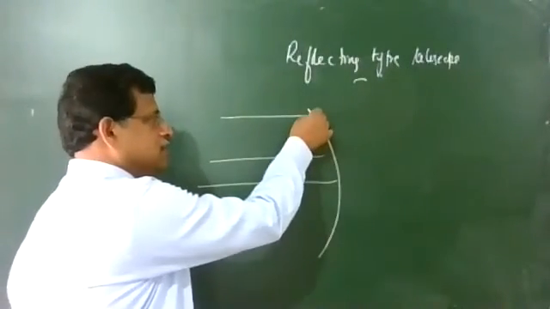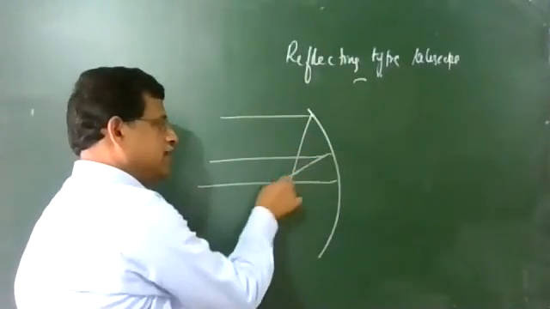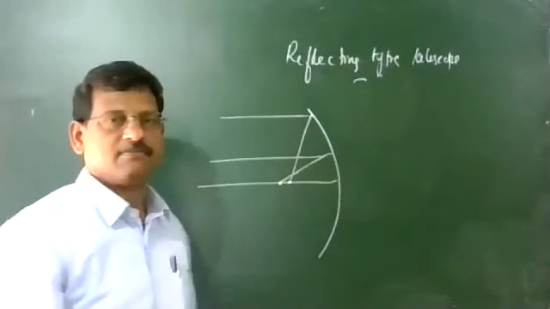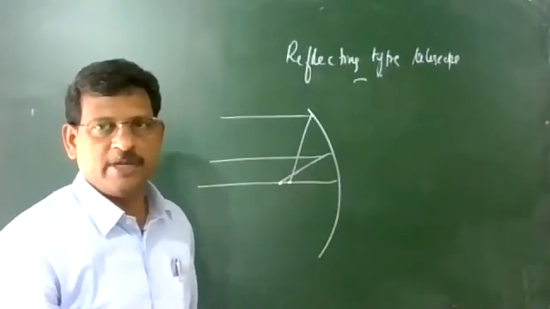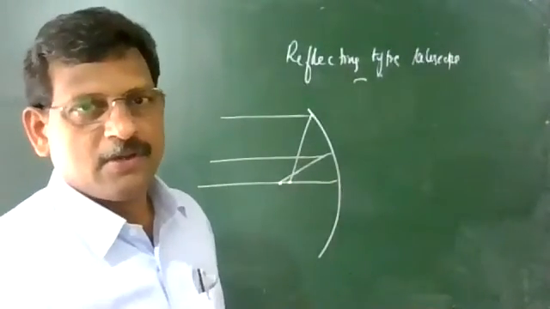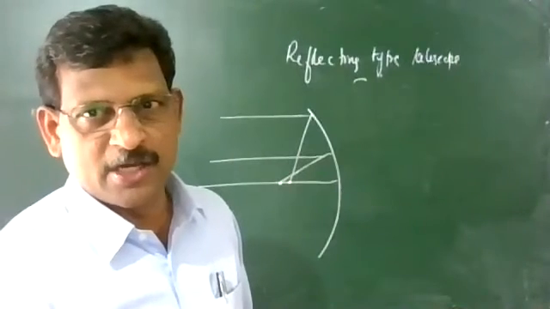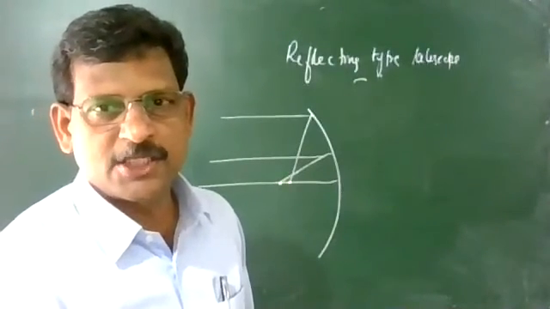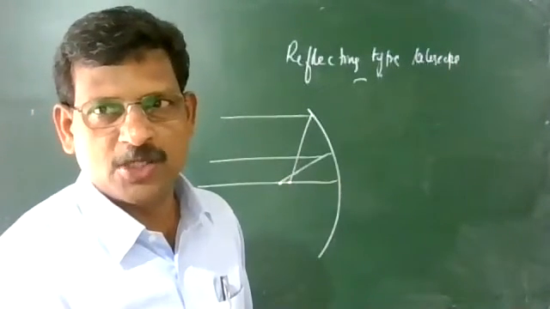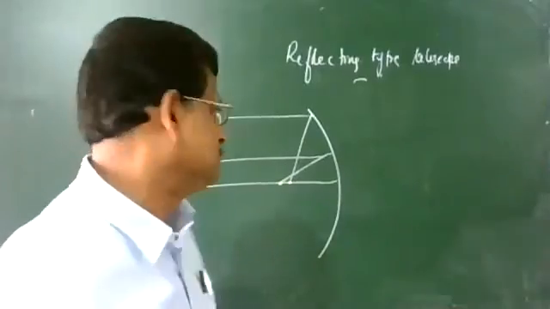After reflection, the rays may not come to the same point, so the image formed will not be bright or clear. This defect in the mirror is called spherical aberration.